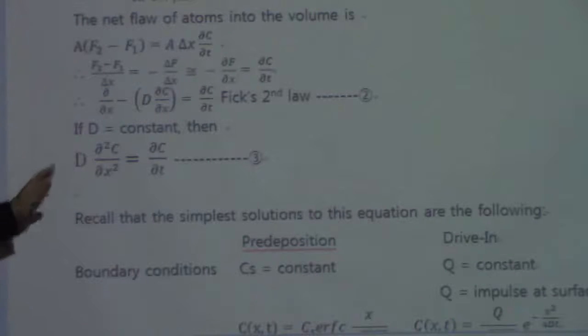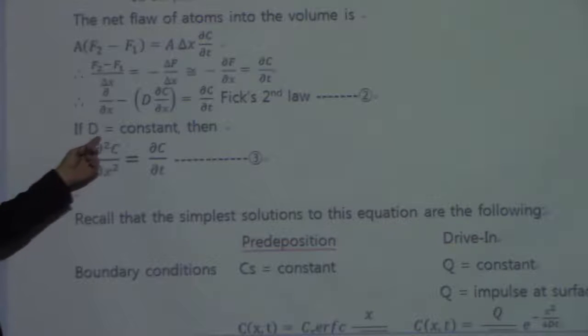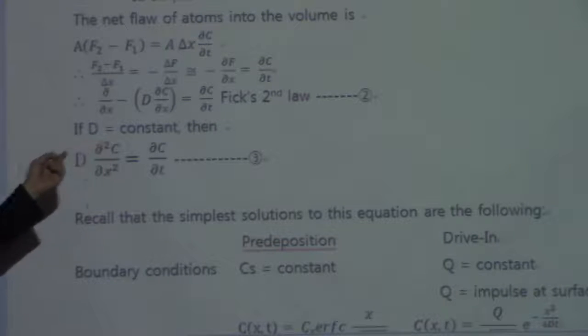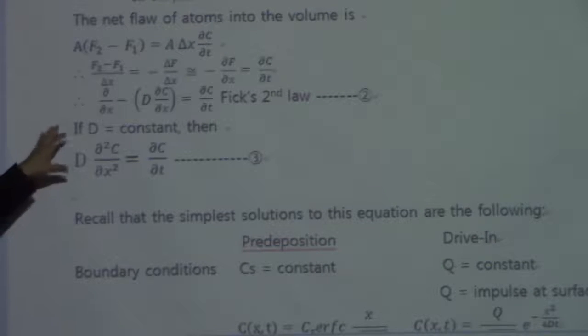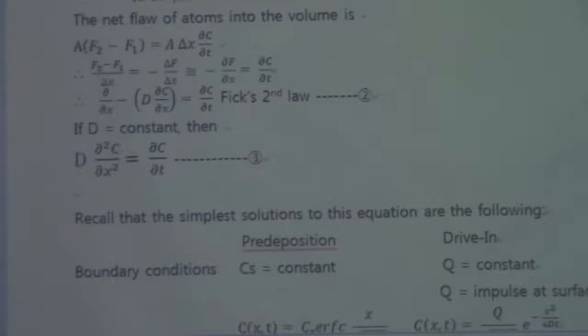Heavily doped or lightly doped, it doesn't matter in a metallic system. But in insulators and semiconductors, the vacancies have to be charged, so most of the time we cannot set the diffusion coefficient as a constant. But exceptionally, when lightly doped, we may use the diffusion coefficient as constant even in semiconductors and insulators.